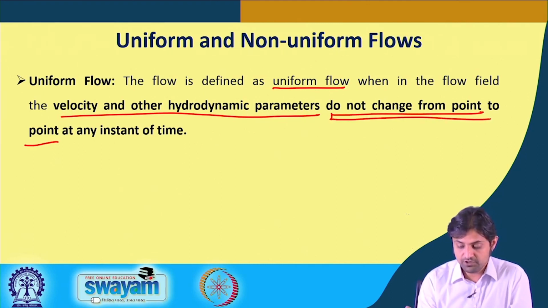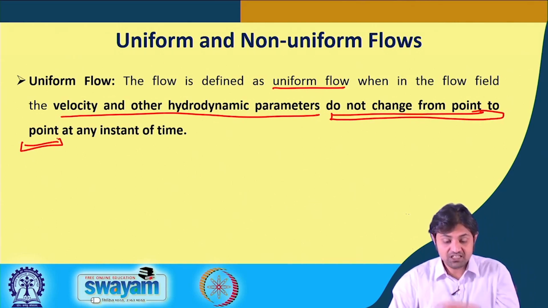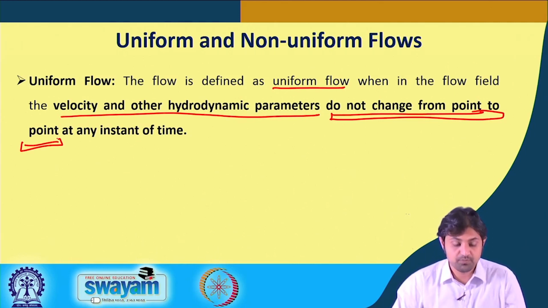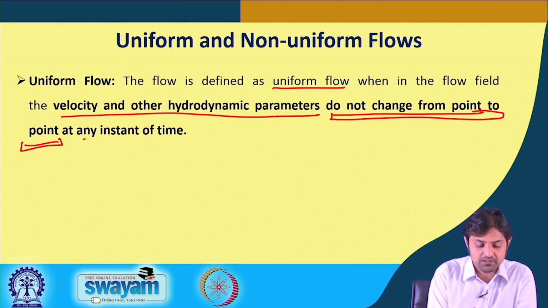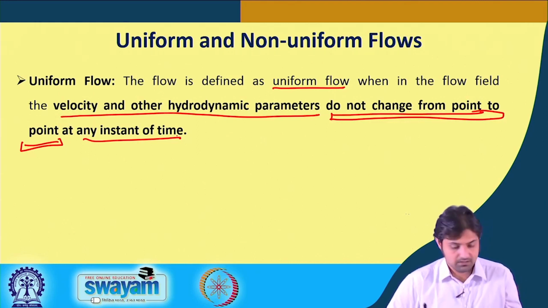So, in a steady flow it was not changing with respect to time. Here these properties should not be changing with respect to the space at any instant of time. So, uniform flow is the one where the fluid properties do not change with respect to the space.